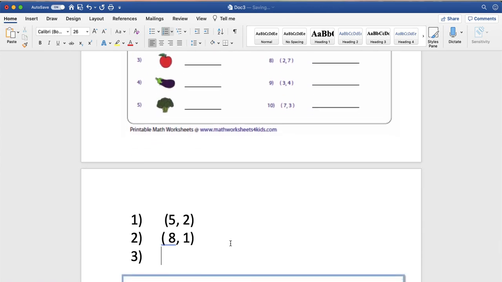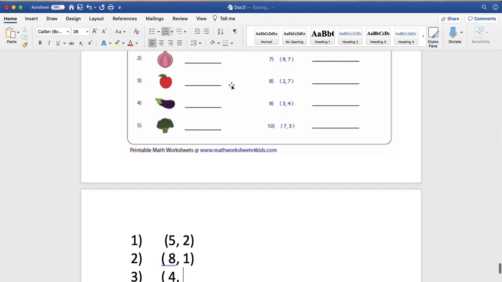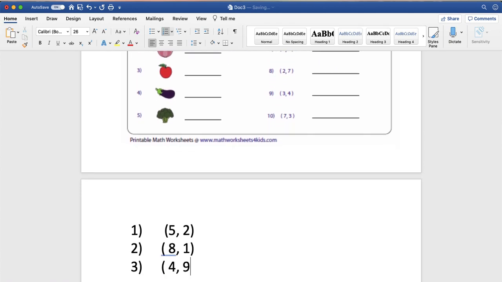Write my parentheses, 4 separated by a comma. How high do I need to jump? Pretty high: 1, 2, 3, 4, 5, 6, 7, 8, 9. I had to jump up 9 spots to get to that apple, so I put 9, close my parentheses.